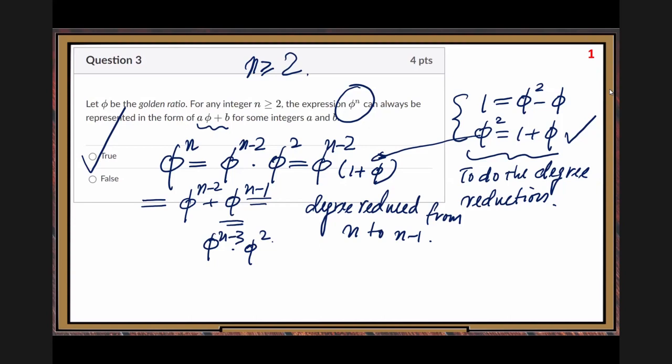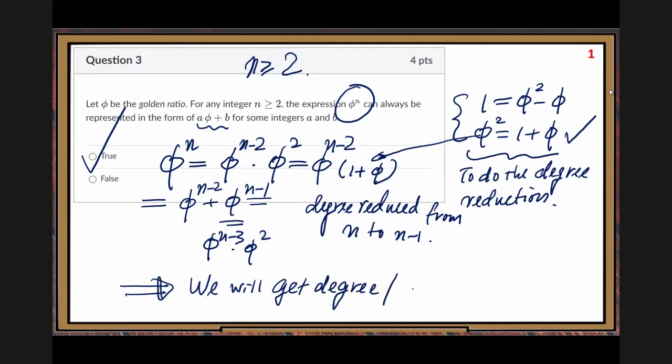Eventually we will get degree 2, right? Degree 2, we do another reduction. Then finally we will get degree 1 polynomial.